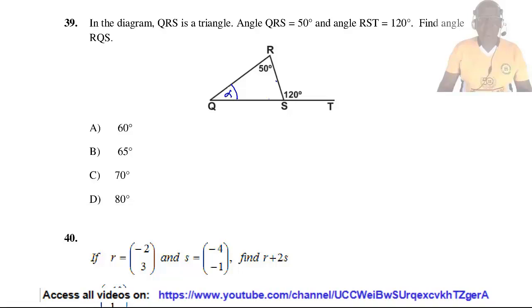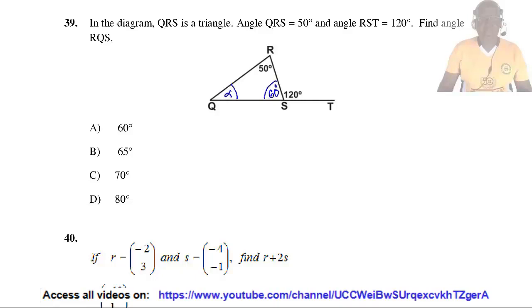Now the angle over here equals 180 minus 120, which equals 60. This is because the sum of angles on a straight line add up to 180 degrees.